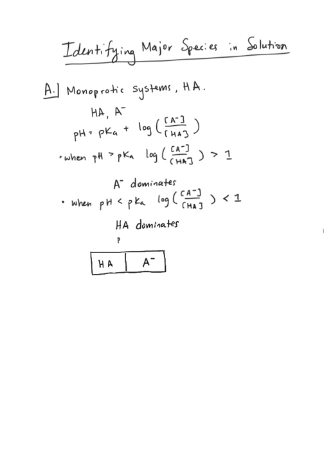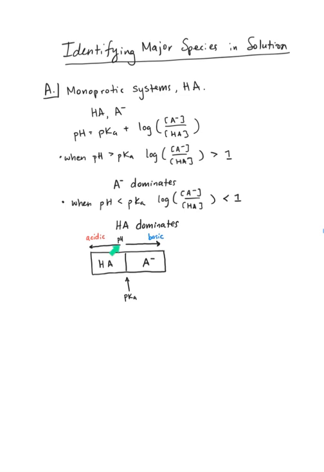If we think about pH as increasing to the right to make basic solutions and decreasing to the left to make acidic solutions, so more acidic on the left, more basic on the right, and the dividing line between these two major species being the pKa value for our acid.